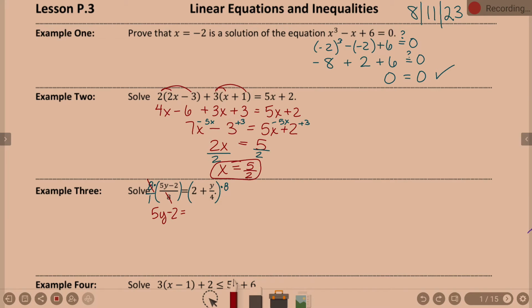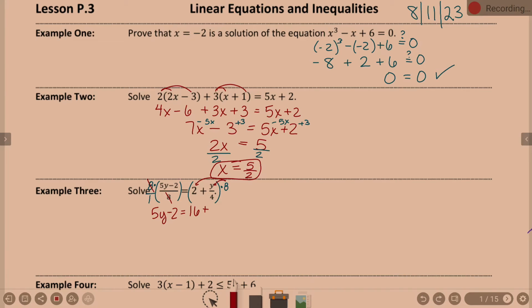Okay. On the right, we have two terms being added. So we need to take that 8 and distribute it. You have to multiply the 2 plus by 8 as well. So we're going to do 8 times 2. That's just whole number multiplication, nothing crazy, which is 16. 16 plus.